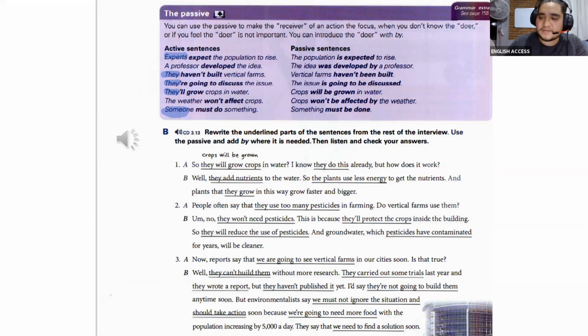Let's write first our answers and then check. So the first one, just tell me the passive form of the underlined sentence. The first one is, they do this already. How would it be in the passive?